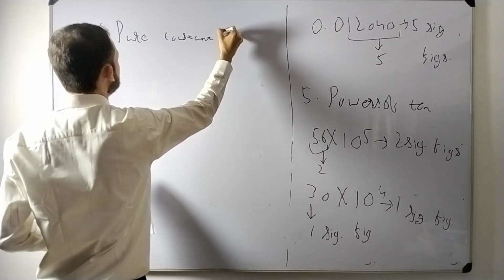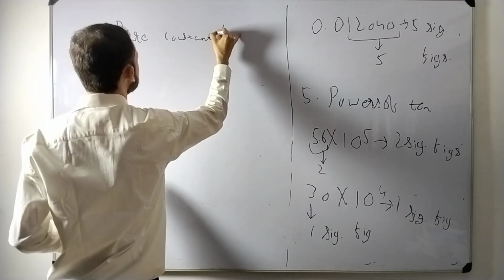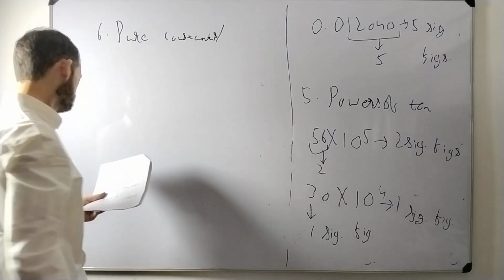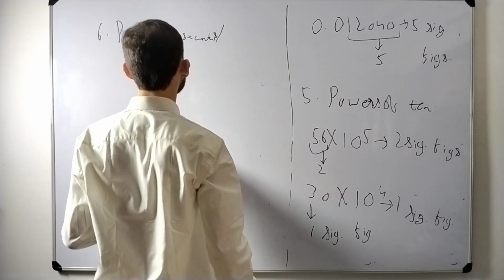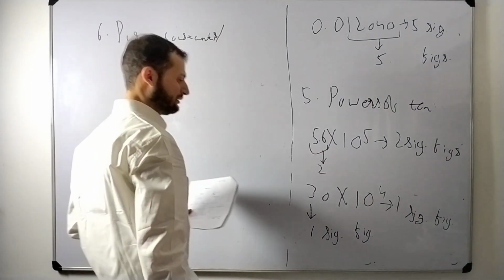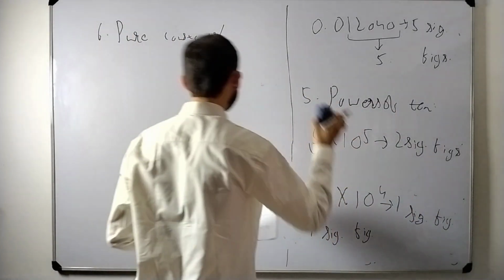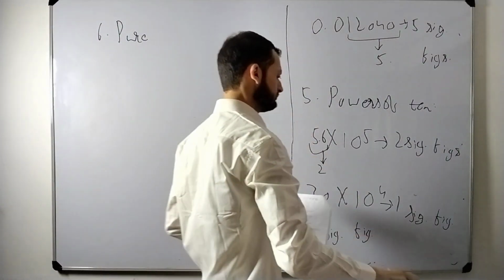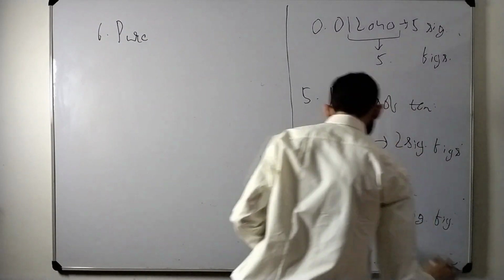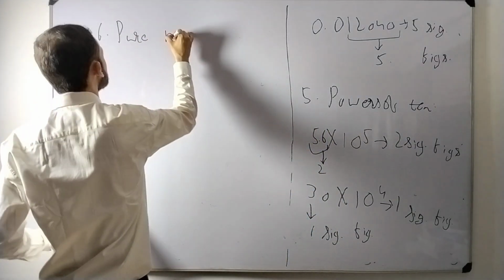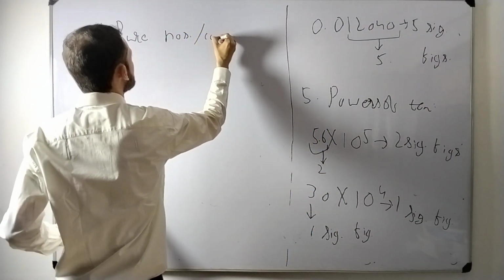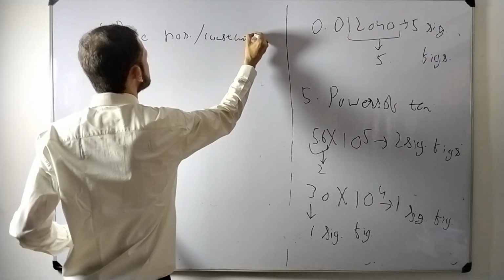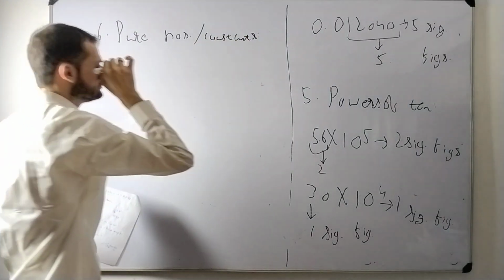This is the last rule. Pure numbers or constants. Pure constant is nothing but pure numbers.